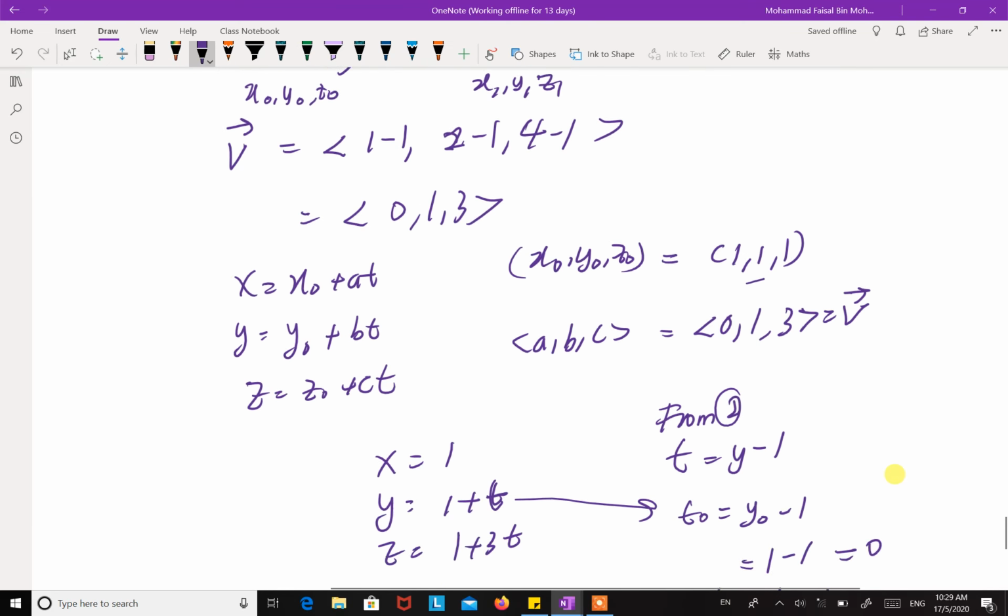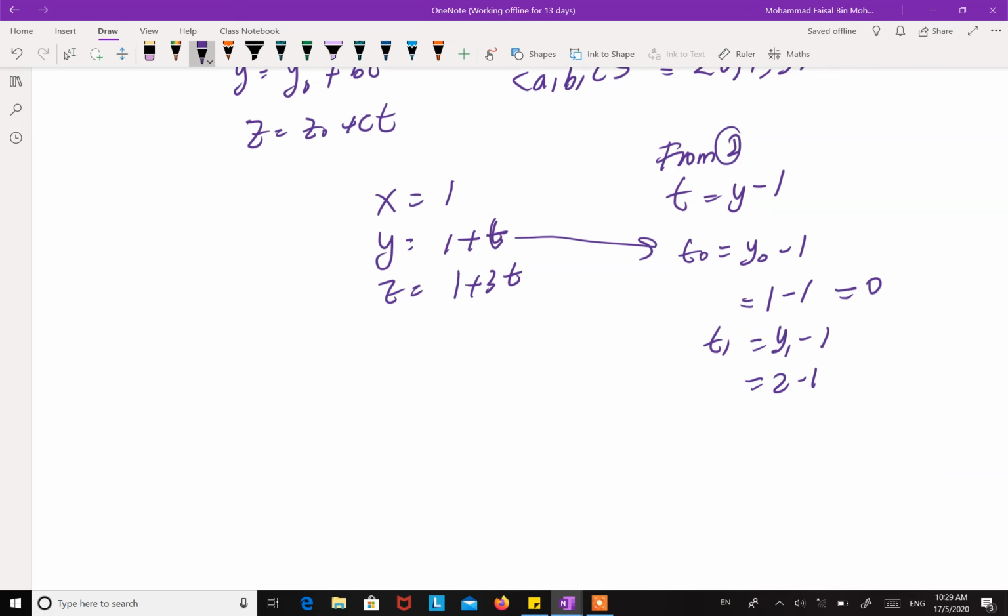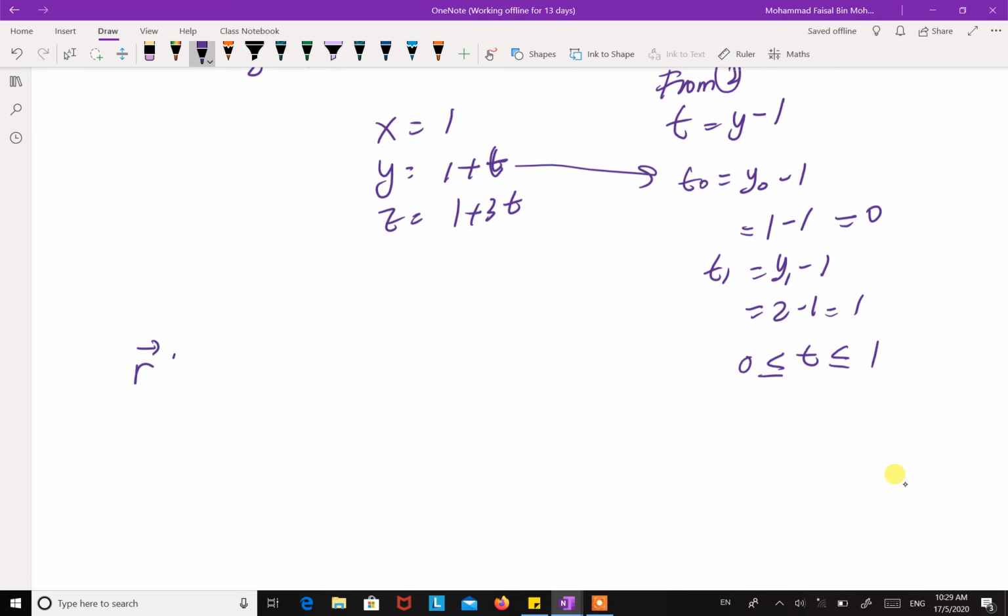Your y1 is 2, so 2 minus 1. So your t is between 0 and 1. Okay, so your r(t) is i plus (1 plus t) j plus (1 plus 3t) k.